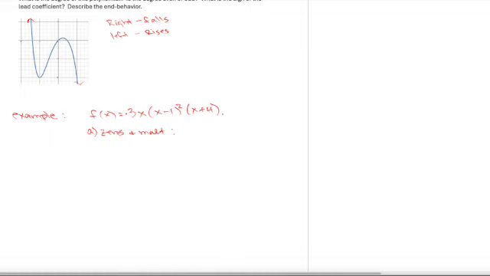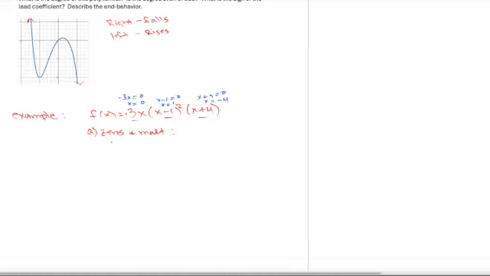Okay, since this is given to us in factored form, I can identify the zeros by setting each factor equal to 0. So that means if negative 3x equals 0, then x equals 0. If x minus 1 equals 0, then x equals 1. And if x plus 4 equals 0, then x equals negative 4.